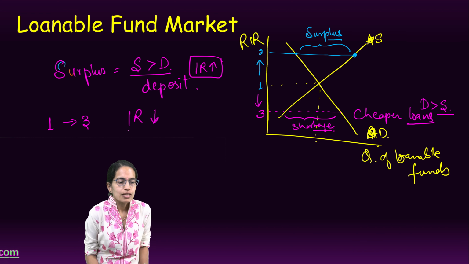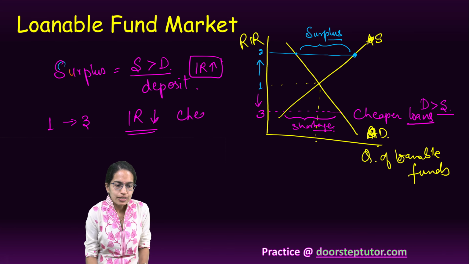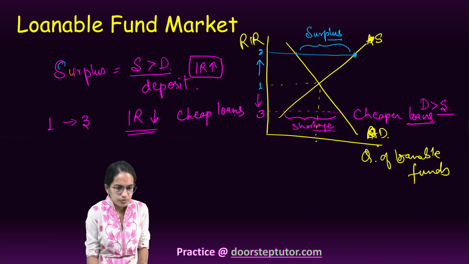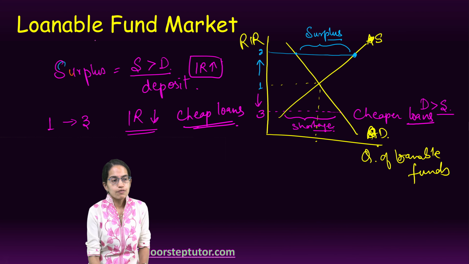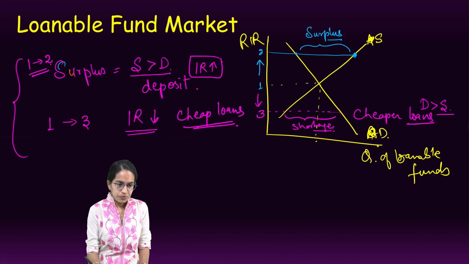So in this case, the real interest rate would decline. Now, the real interest rate is declining and people are ready to get cheap loans, right? So this is a very important concept that you need to understand for the loanable funds market. Now, what would happen during the time of recession?